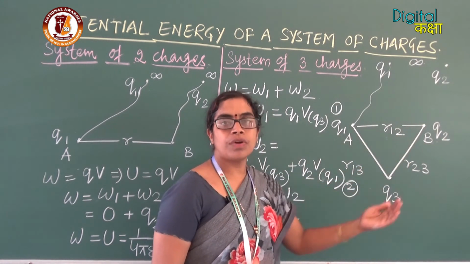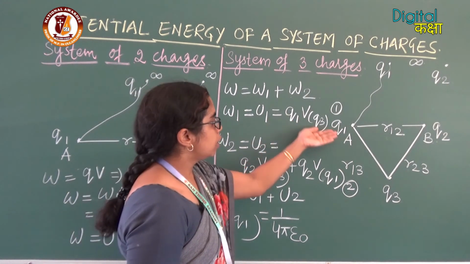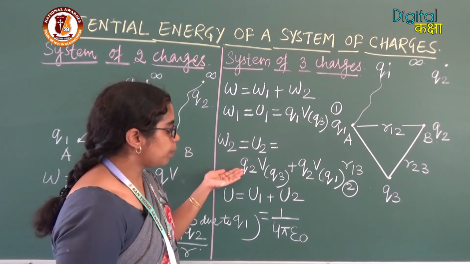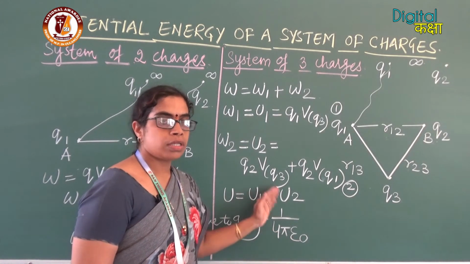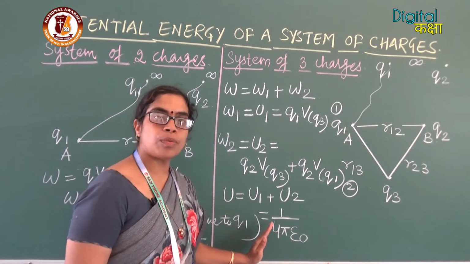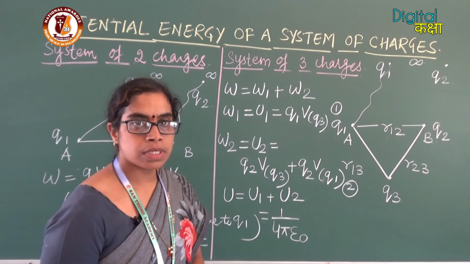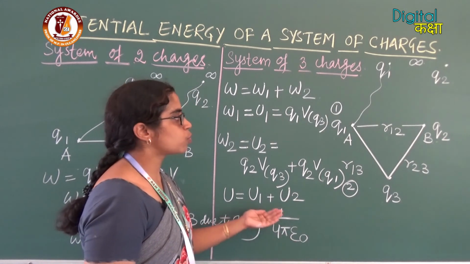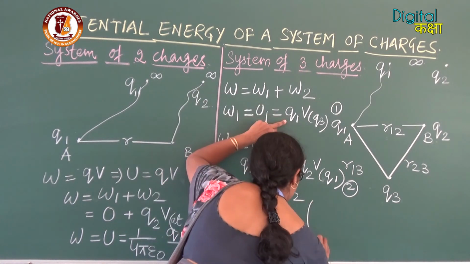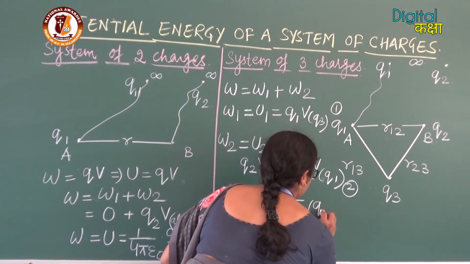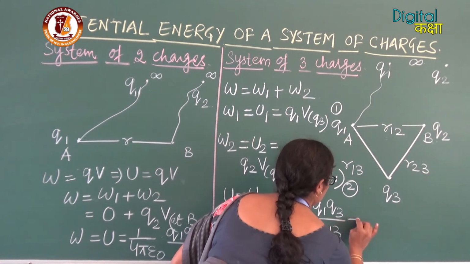So after understanding the three terms, the constant 1 upon 4 pi epsilon naught is common in all these three terms, and can be taken outside the bracket. From the first equation, my first term I can write as Q1 Q3 upon R13.